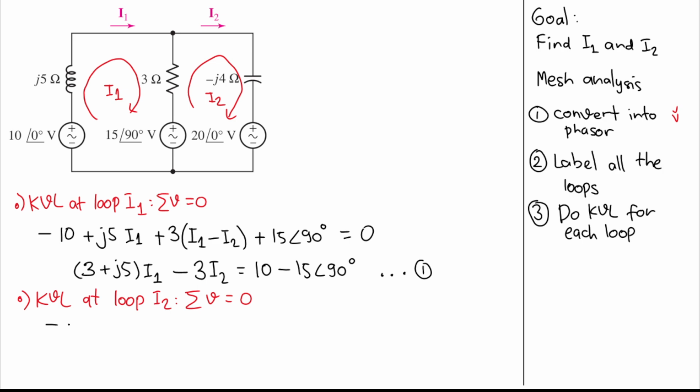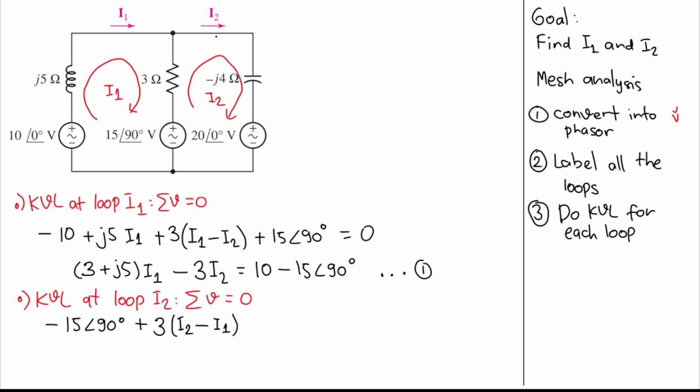So I will have minus 15 angle 90 degrees. Move on to this 3 ohm. I will have plus 3, but this is a resistance, and to get voltage we need to multiply it by the current. There are two currents, I2 and I1, but now we are working on I2, so I2 comes first. But I1 is flowing in the opposite direction, since I2 is going up and I1 is going down. So I will have I2 minus I1.